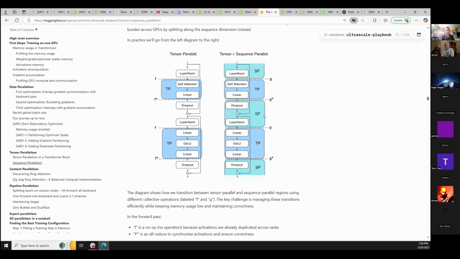So the great thing is that you can add this blue-green sequence parallelism happening on these steps at no relative communication cost to just doing the dumb thing where you do tensor parallelism, nothing.